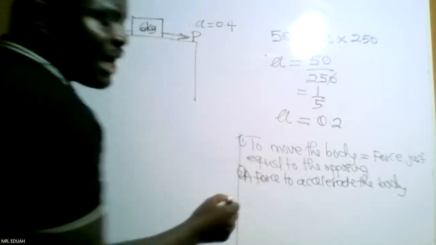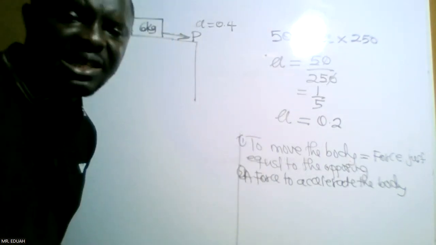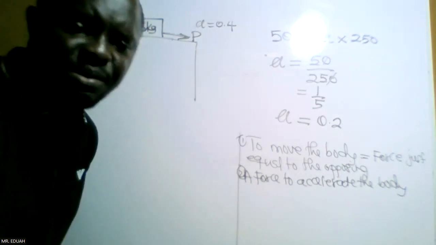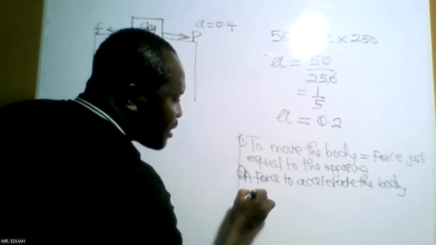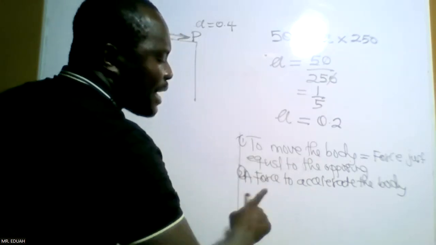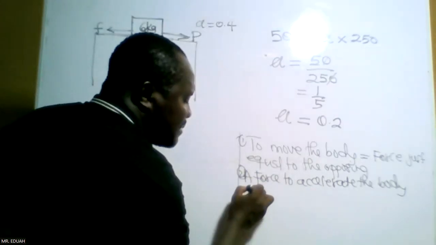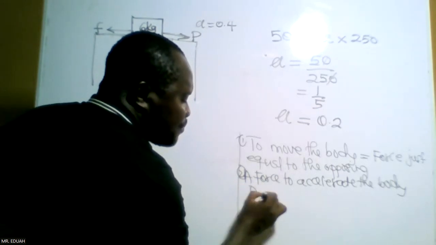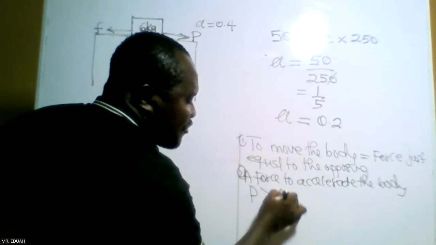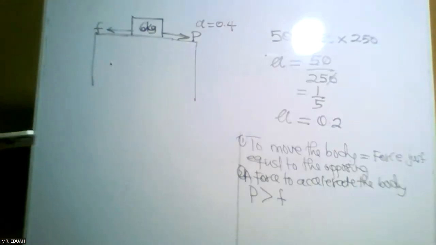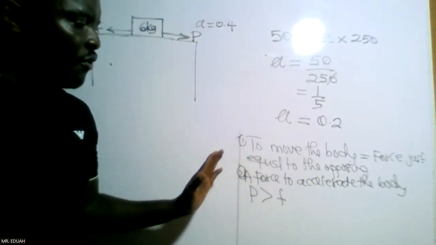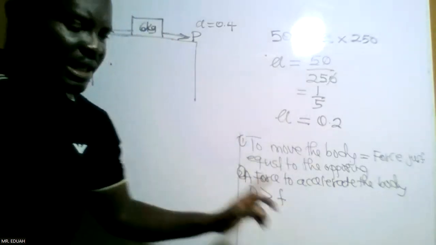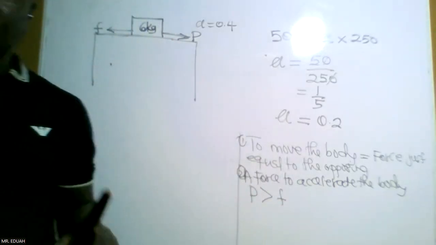But in the second case, whenever there is an acceleration, there must be a net force. So we expect the applied force which will accelerate the body to be greater than the frictional force F. This is the difference between just moving the body and accelerating the body.